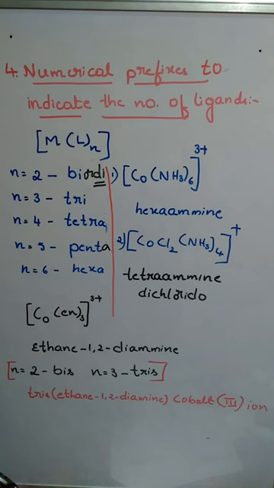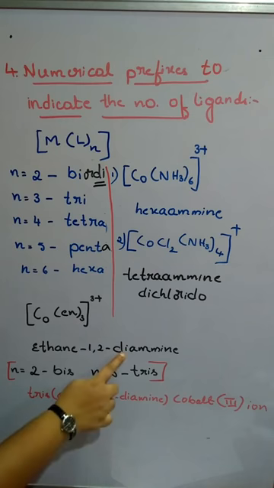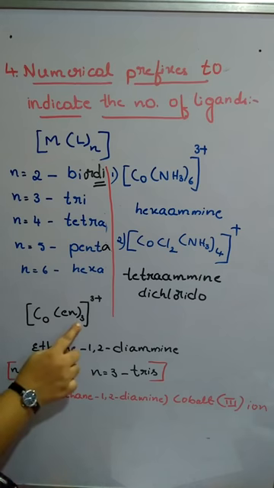Suppose the ligand is a complex or polydentate ligand, and the ligand name itself consists of prefixes like di, tri, then the number of those ligands will be mentioned differently.